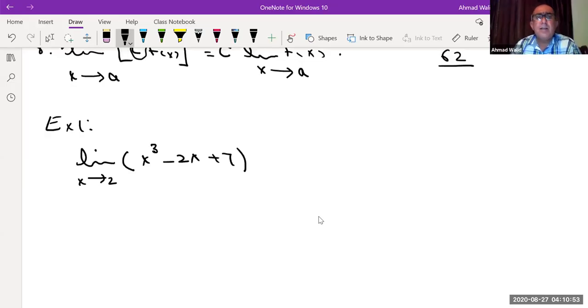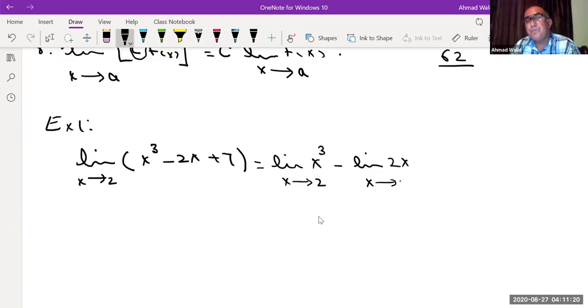First, you see, you have here x cubed minus 2x plus 7. You can apply the addition and subtraction rule. It means you can write this as the limit of x cubed as x approaching 2, minus the limit of 2x as x approaching 2, plus the limit of 7 as x approaching 2.